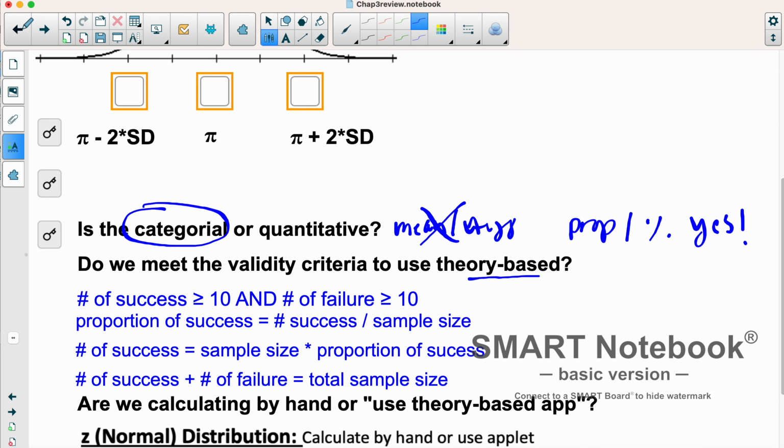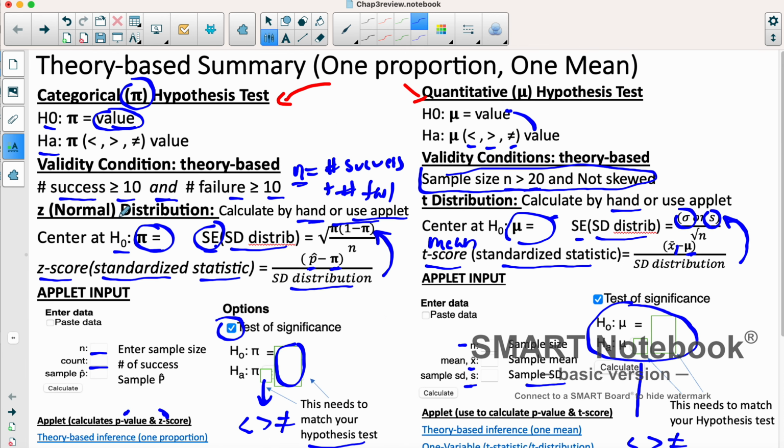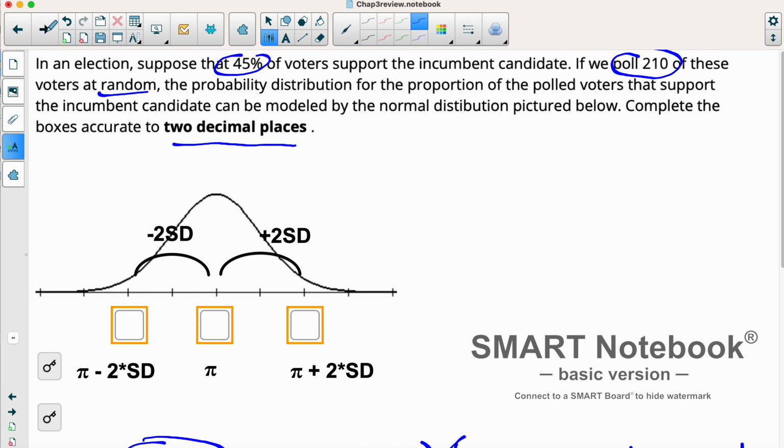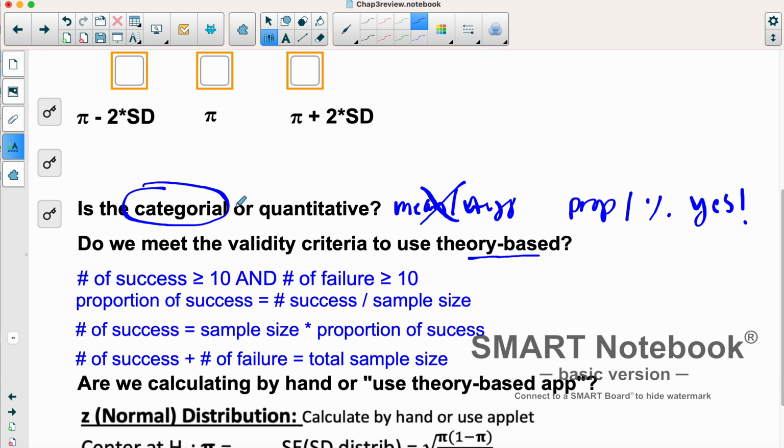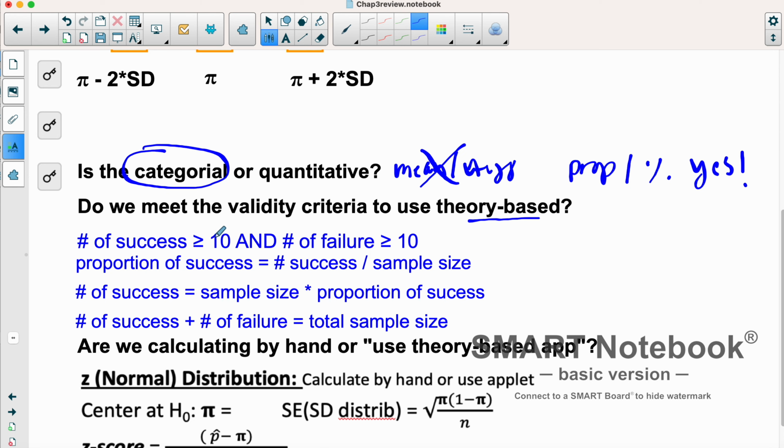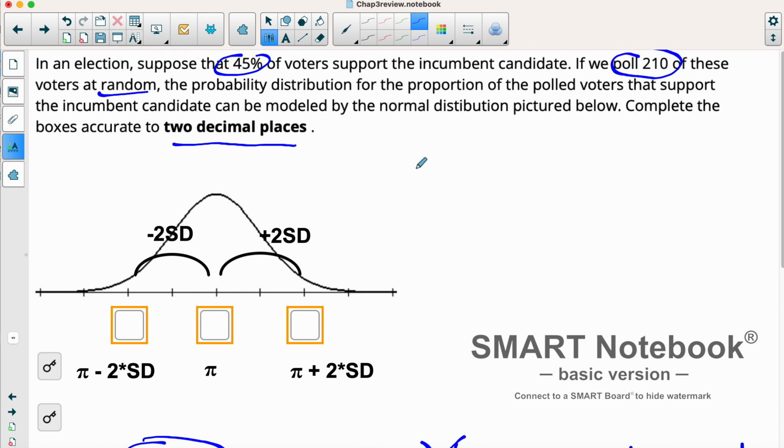In general, I'd like you using this reference sheet here, okay? Number of successes greater than 10 and number of failures greater than or equal to 10. Well, that's what I put here. Number of successes. Well, how do I figure out the number of successes? I just have the total n equal to 210. How do I know what the number of successes are?